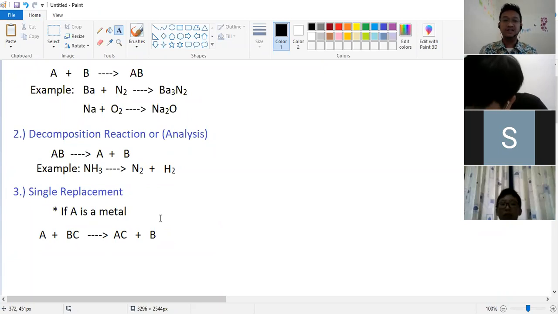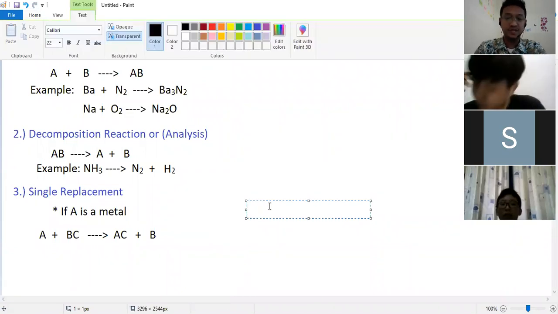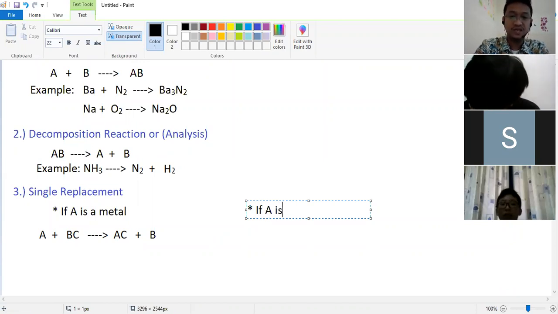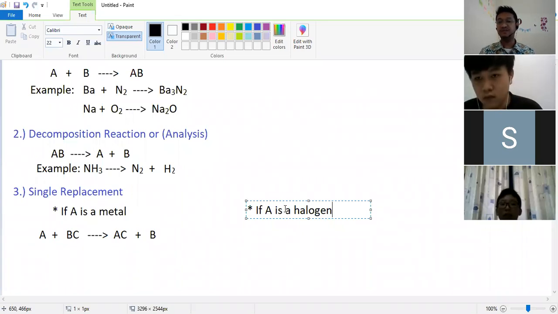So this will be the pattern if the condition is A is a metal. All right, and the second condition is this: if A is a halogen. So what will be the pattern if A this time is not a metal but a halogen?